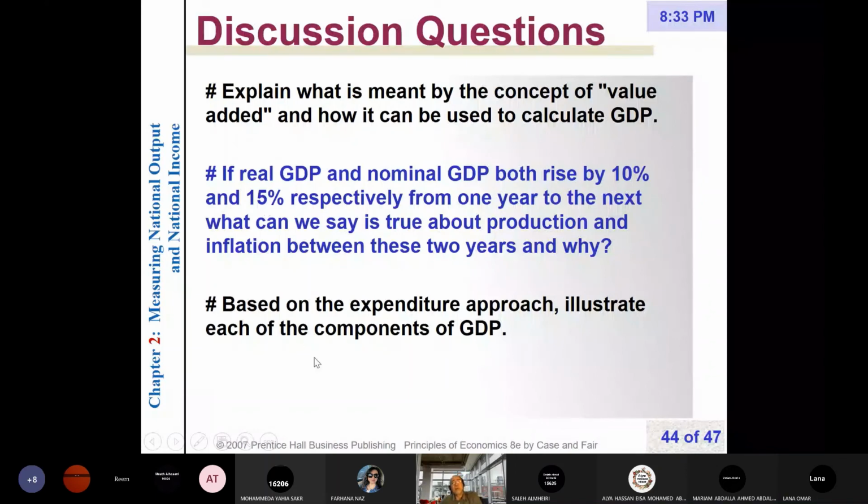So this last question is quite easy. Components of GDP according to the expenditure approach equal C plus I plus G plus net exports. What's the meaning of each? Part of the explanation exists in the previous slides.